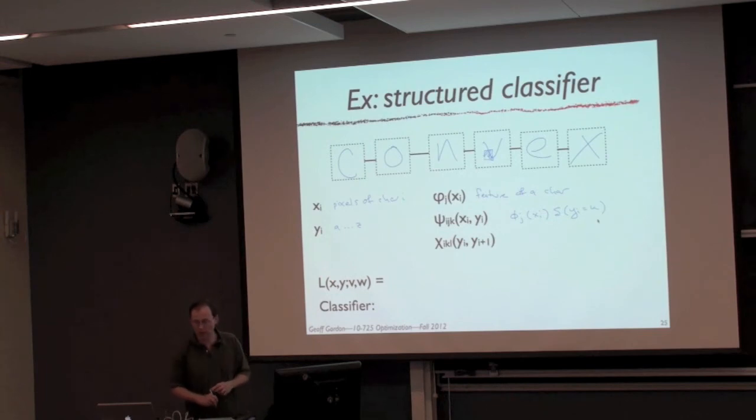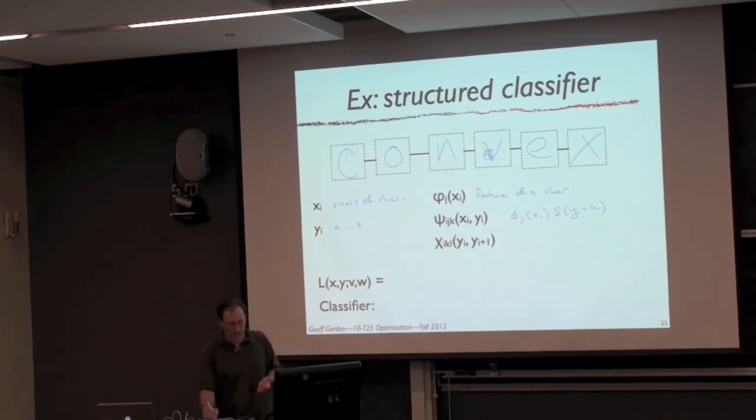An example of this would be the amount of ink that's within some region if the character is an n, and 0 otherwise. What these are going to do is let me represent correlations between the features and the labels of each one of the characters.